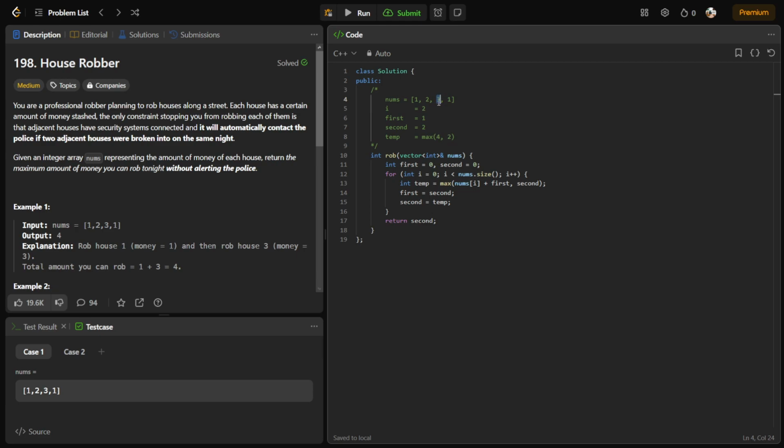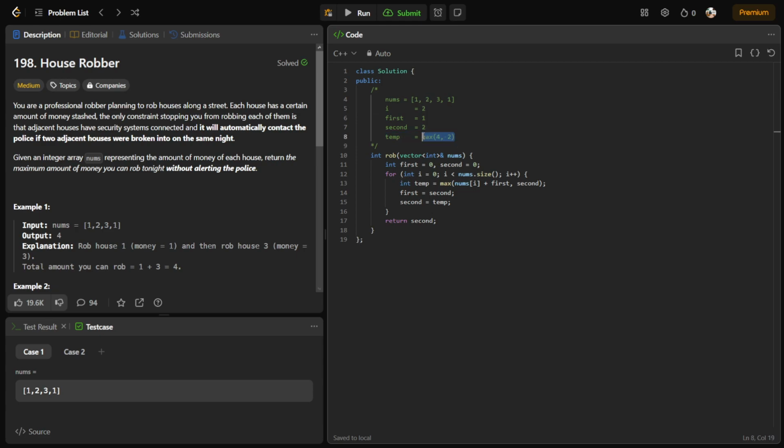If I want to rob the house which has 3, I cannot rob the second, I can only rob the first. That's why there's 3 plus 1, which gives us a total of 4, and the second, which in this case is just 2.